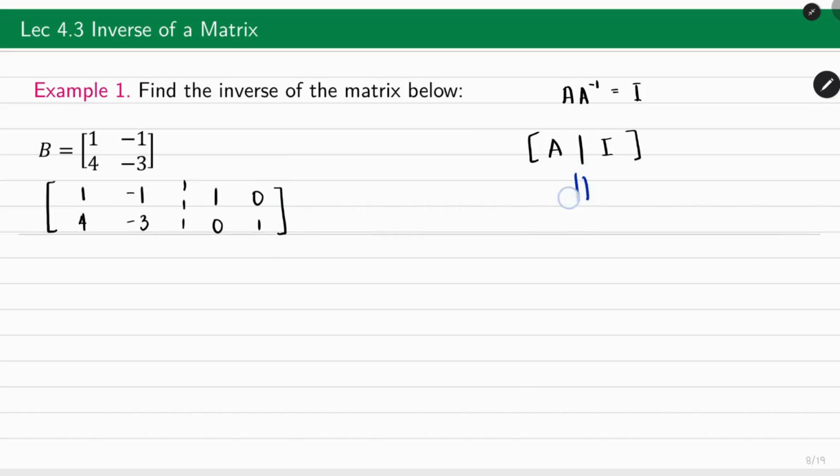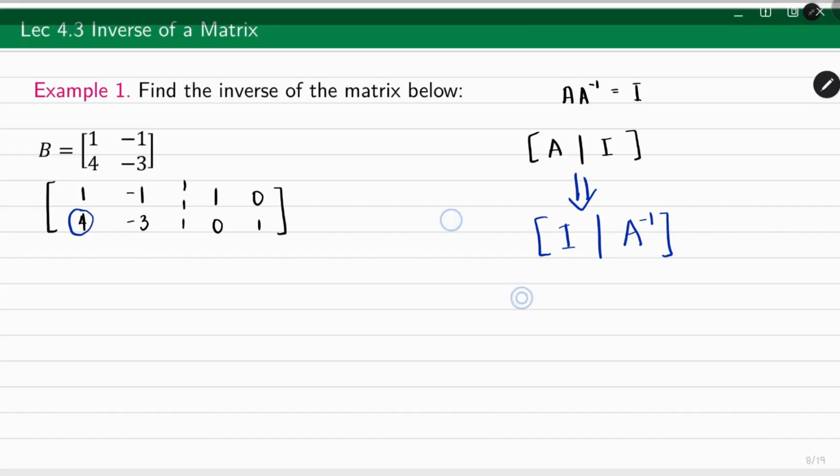We are going to transform these to identity matrix. And then the right side will naturally be the inverse. Okay, what are we going to do? We're going to make this 0 using the Gauss-Jordan elimination or elementary row operation.